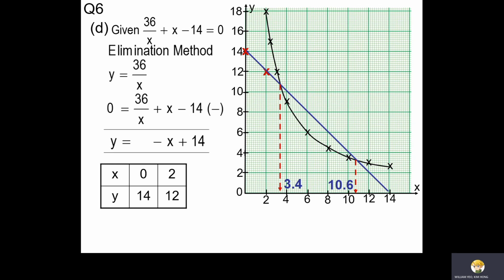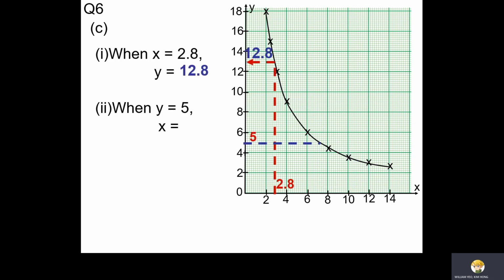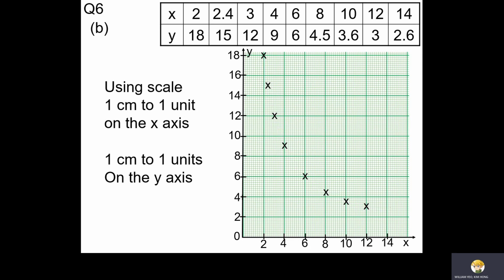So be careful. This question, the previous question, especially part B, it will affect your answer for part C and D. Part C and D depend on how smooth, how nice the graph that you have drawn. If you draw a smooth graph, then the points are nice.